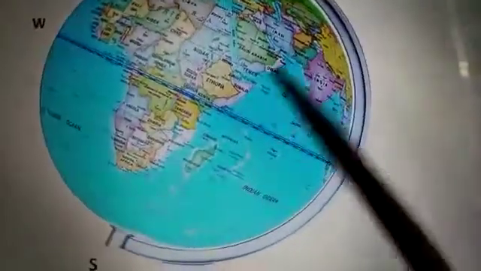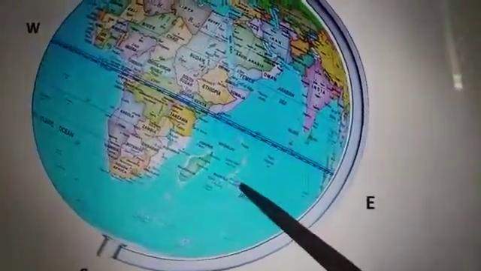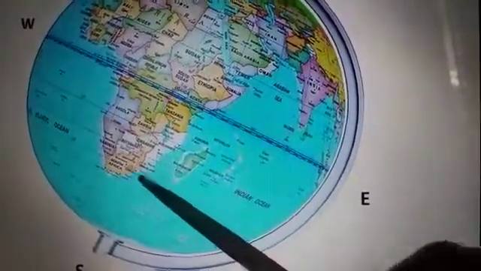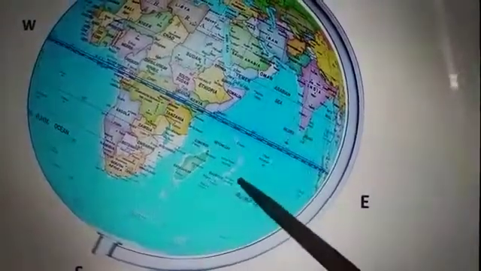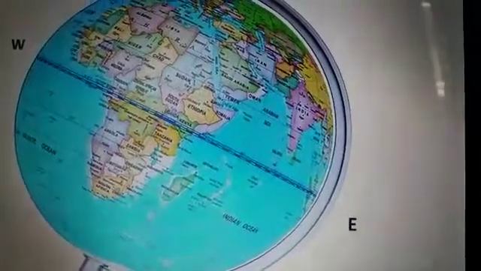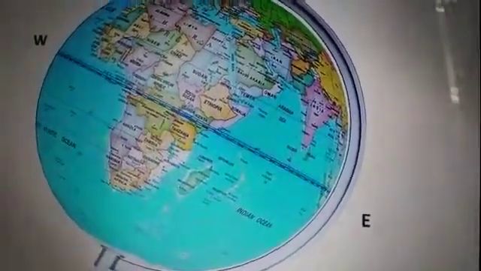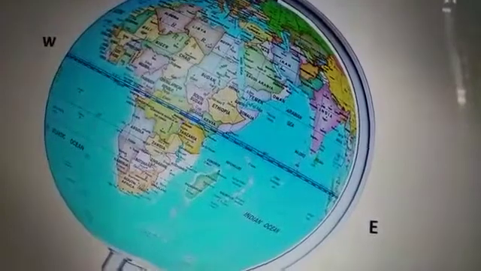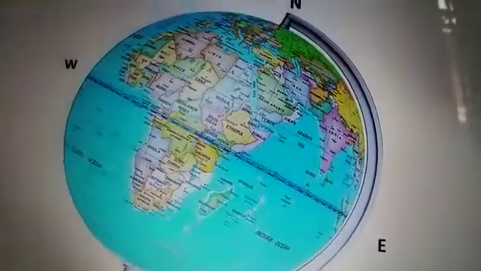And there are some imaginary lines, horizontal and vertical. These imaginary lines help us to find any place on a globe.